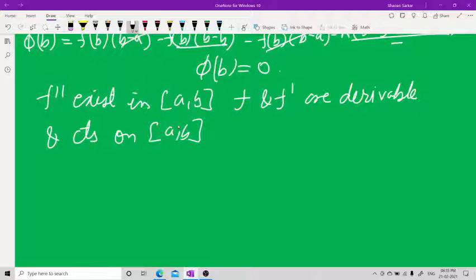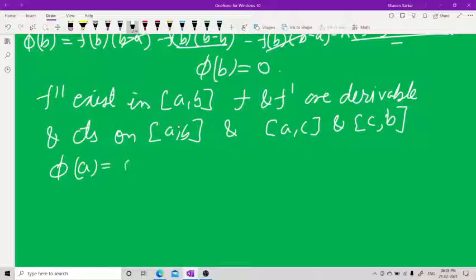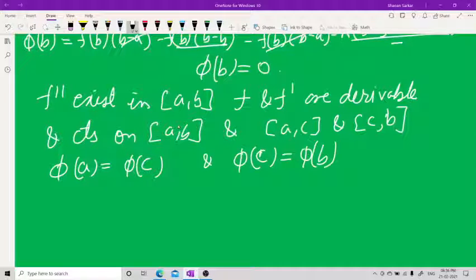And now consider the intervals AC and CB, such that phi of A is equal to phi of C and phi of C is equal to phi of B. And of course we know phi of A is 0. This is also 0.